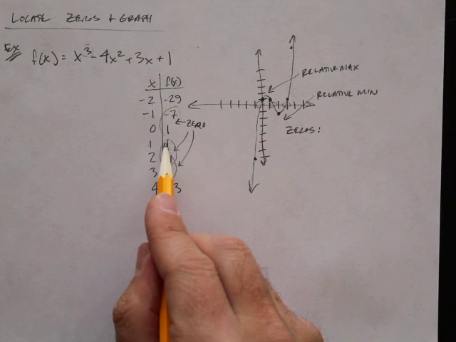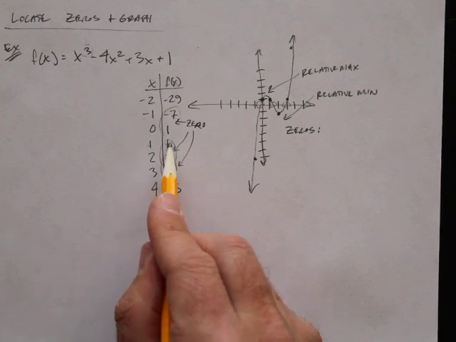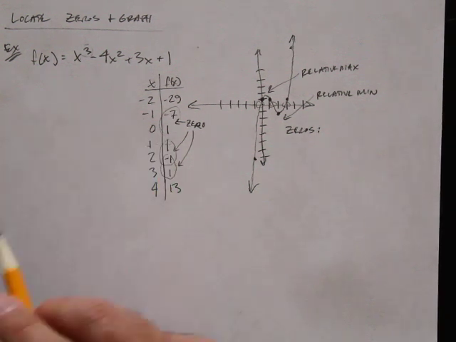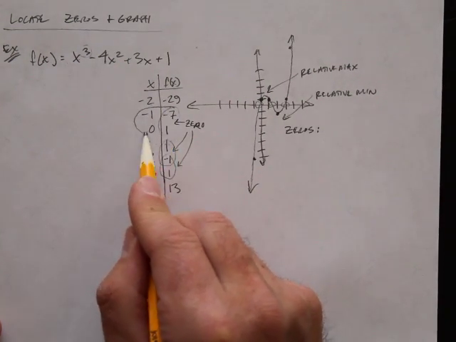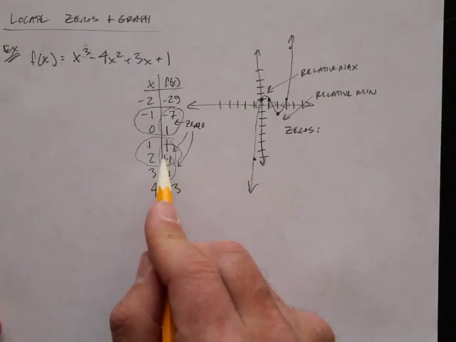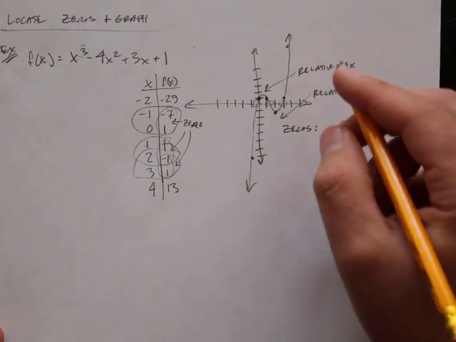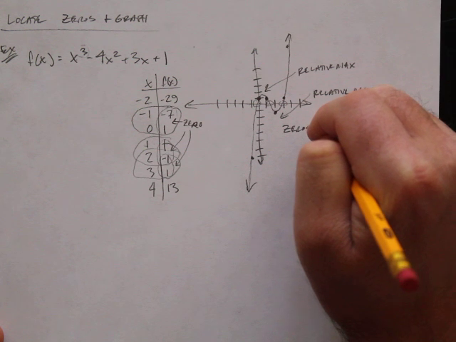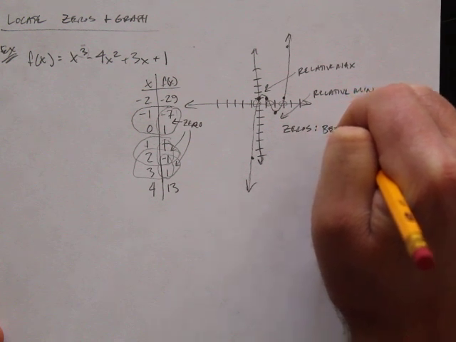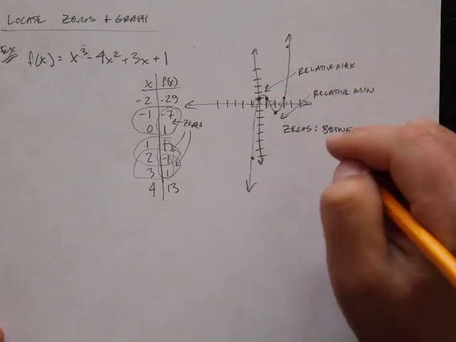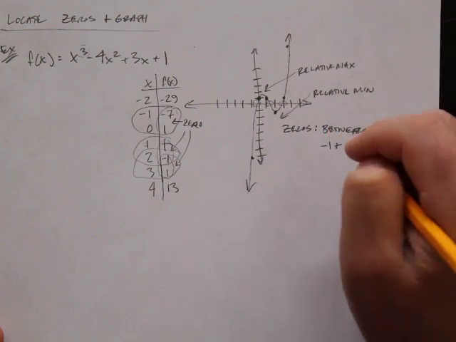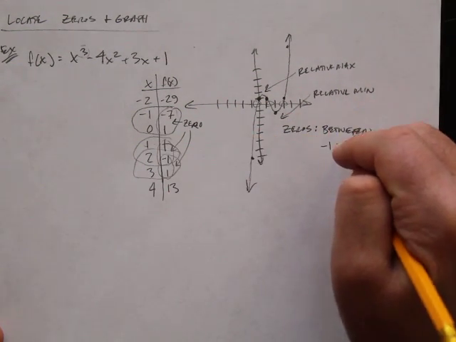So those are where those zeros are happening. Pay attention to the x value at each spot. We should probably circle this whole thing like this. So here are the zeros. They are between -1 and 0.